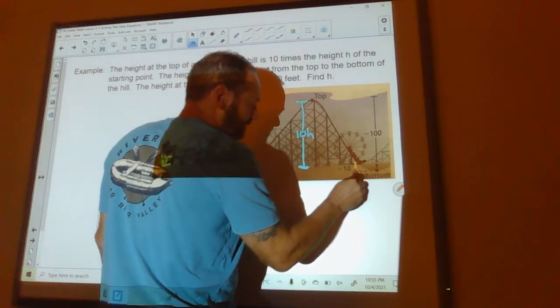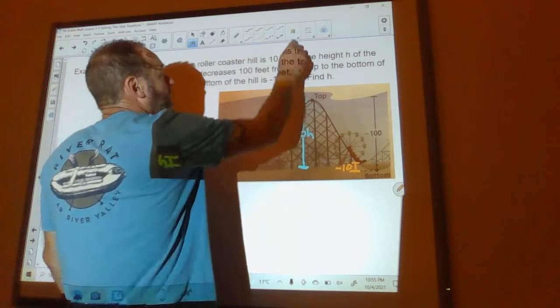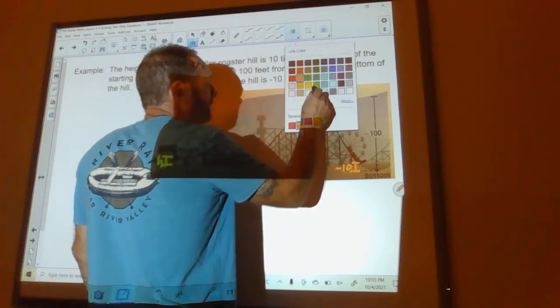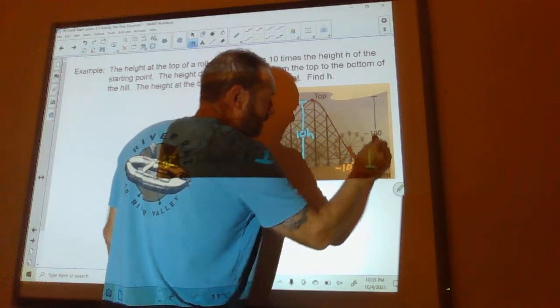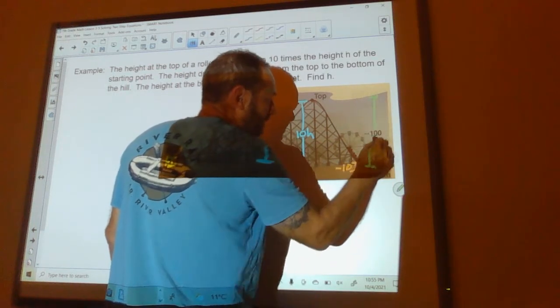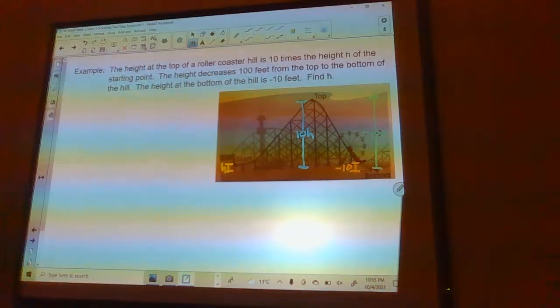This distance right here is negative 10. And then finally, this distance right here is negative 100. Okay, so that's just on the drawing.